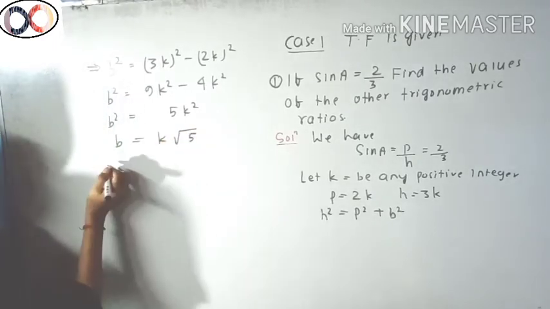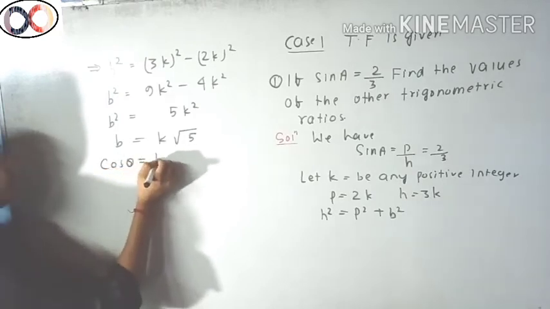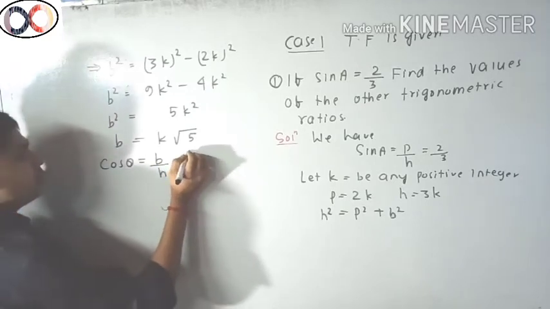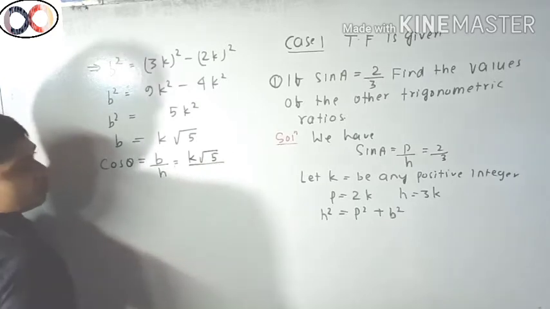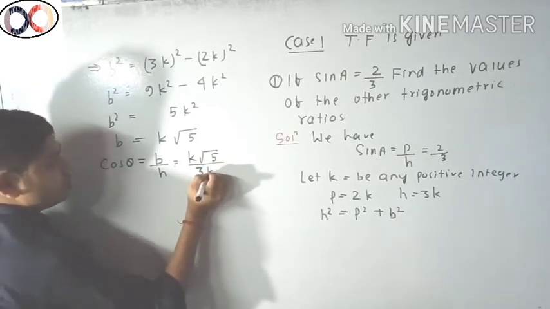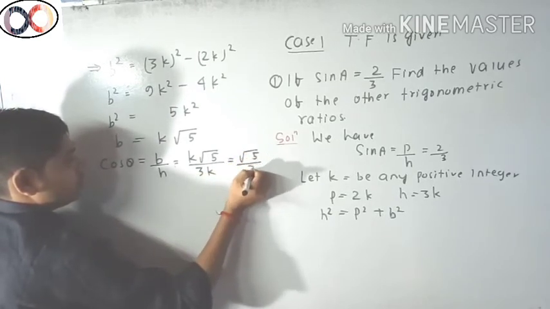After that cos theta is B by H. The value of B is K root 5 and the value of H is 3K, so K will be cancelled and we get root 5 by 3.